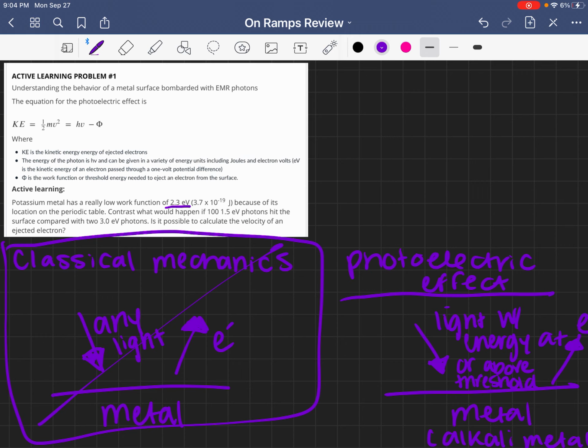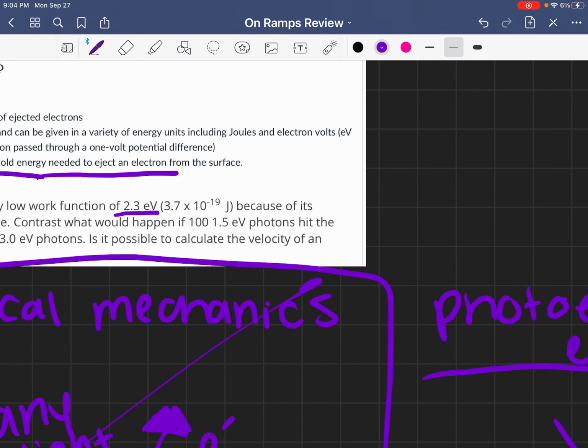Our work function is the threshold energy needed to eject an electron. So this is the amount of energy we need to eject an electron. Anything less will not eject an electron.